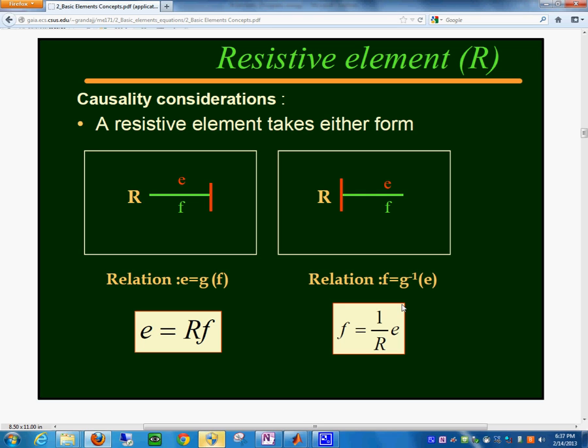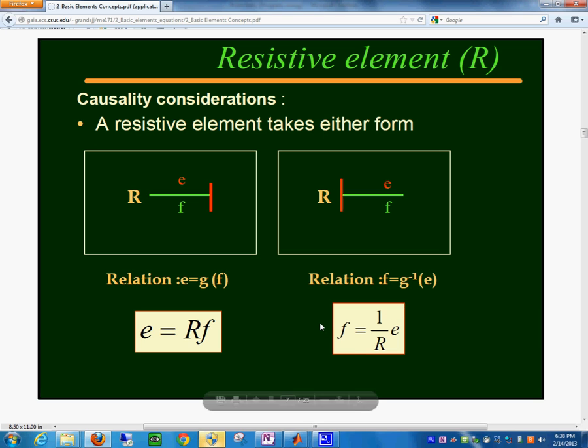And on the one on the right, what goes away from the element R is F. So you have the relationship, the one on the left, we have E is equal to R times F. But if we have the other one, we have most certainly F equals 1 over R times E. That is that situation.